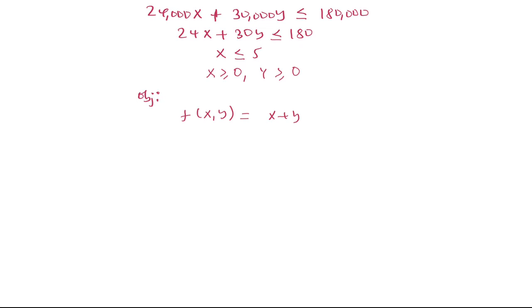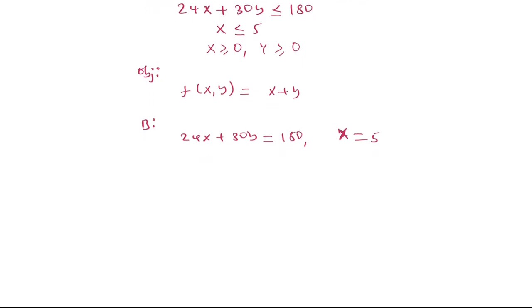Now from these inequalities, the boundary lines are 24x plus 30y equals 180 and x equals 5, which can be used to draw the graph using the intercept method.